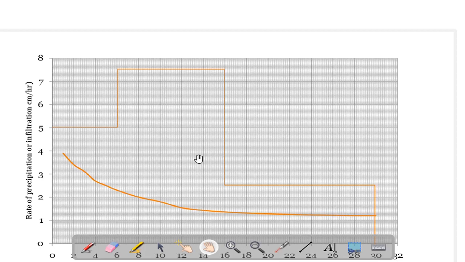So area is equal to, if you consider this much value, it is 6 into 5, plus then this much, it is 16 minus 6, it is 10, into 7.5, this value is 7.5.